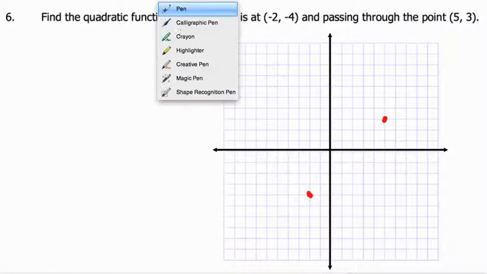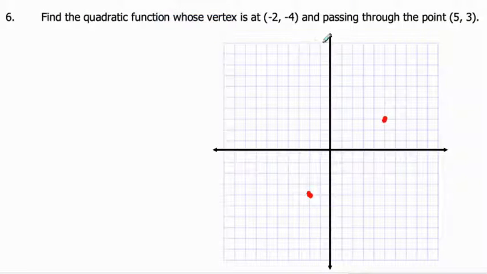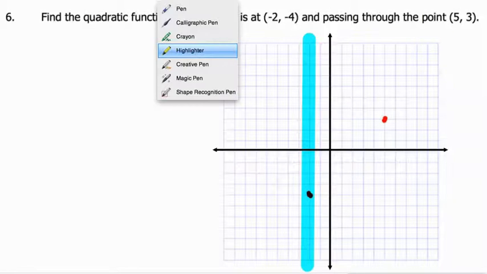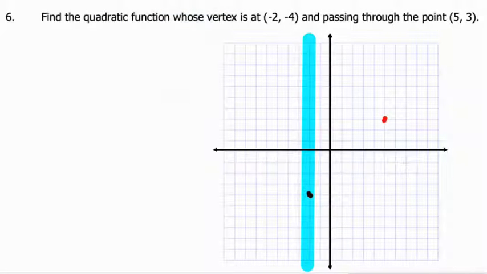It has an axis of symmetry that goes through the vertex. And this axis of symmetry allows us to reflect this point 5, 3 across. It's going to be 3 high off the x-axis.